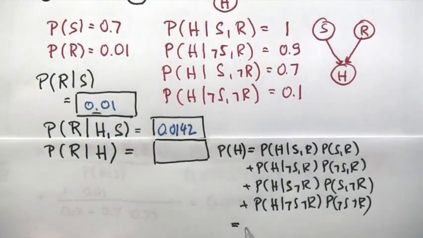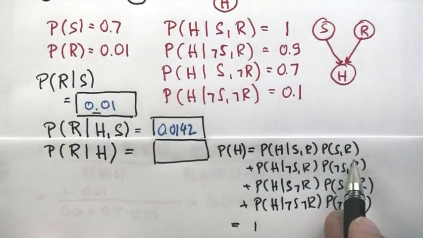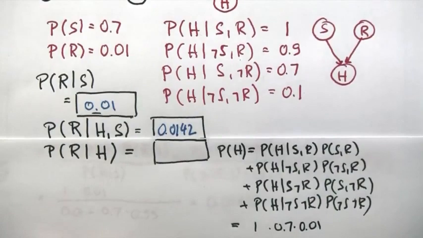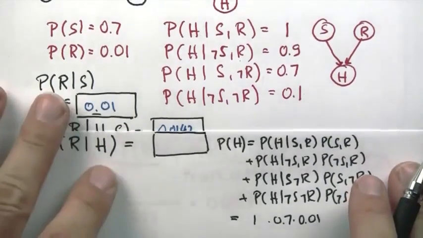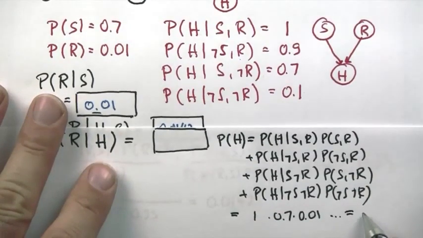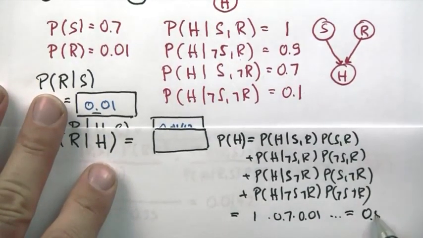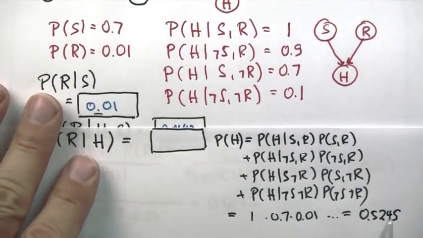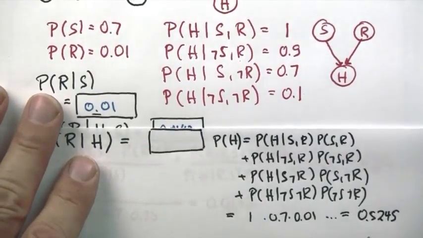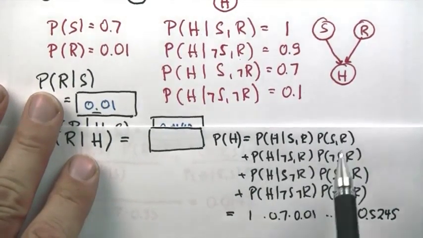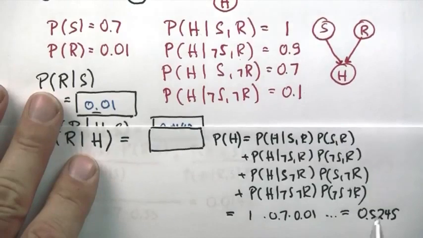This one over here is 1, and this one over here is the product of S and R, which is 0.7 times 0.01. And as you plug all of those in, you get, as a result, 0.5245. That's P of H. Just take some time and do the math by going through these different cases using total probability, and you get this result.